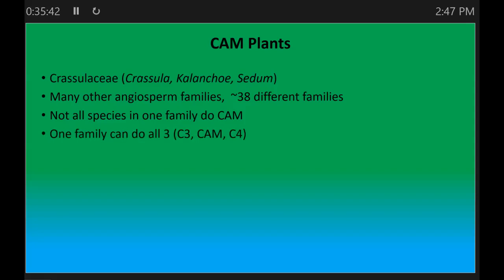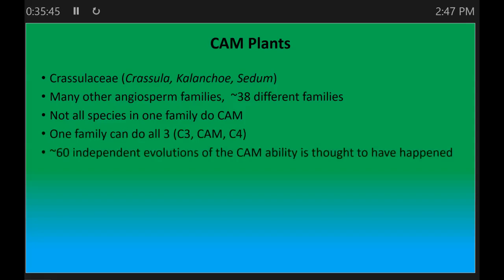About 60 different times, this CAM pathway has evolved. So again, it's not coming from a single point in time or one event. It's lots of playing around through the evolutionary process at different times that has allowed these different families to come up with the CAM cycle.